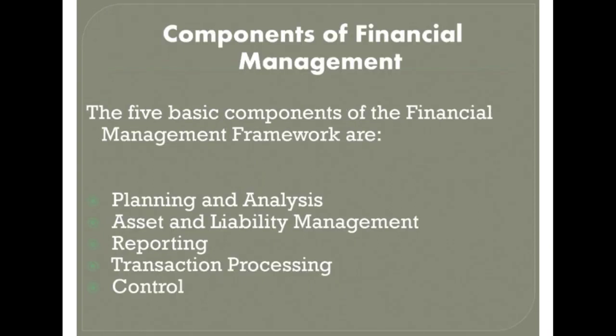Now, the components of financial management. There are 5 basic components of financial management. First, as we have studied, we have to do the planning and analysis. Second is management: management of your assets and management of your liabilities. When you do planning and management, the third step comes: you have to report to the management.